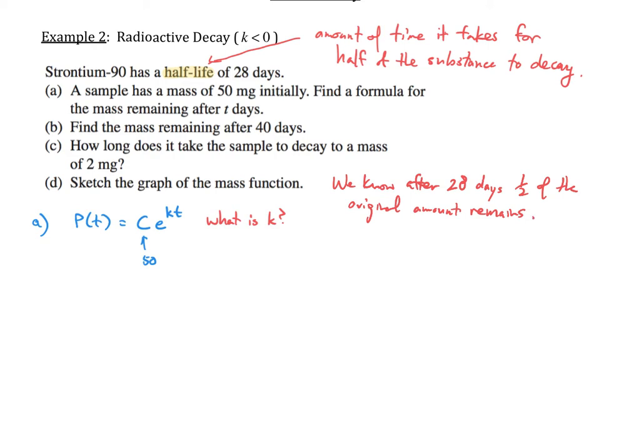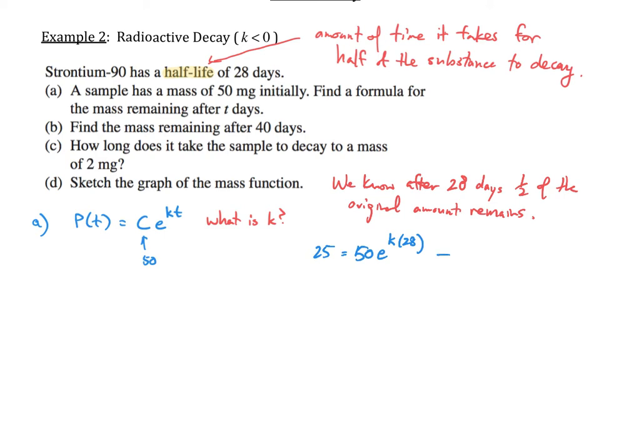So we're going to set up this following equation. Half of 50 is 25. So I know that 25 is going to be equal to 50 times e to the k, and then my t was 28, so I'm going to put in a 28 for my t like this. And then we're just going to solve this equation for k.